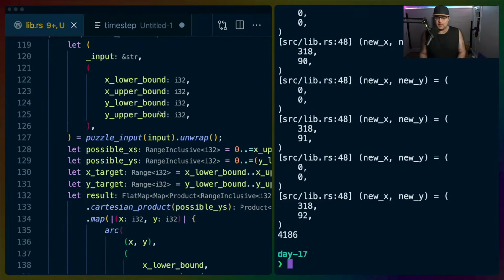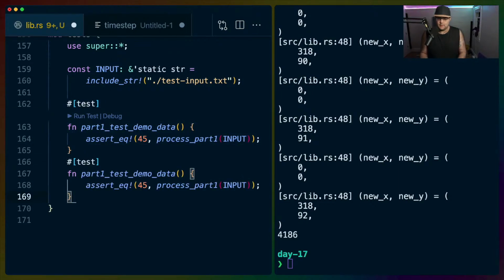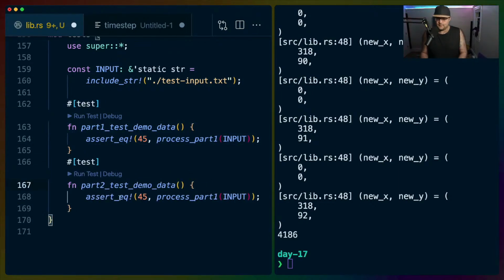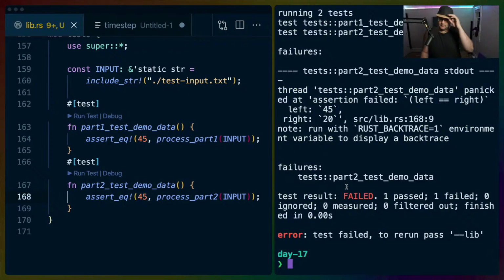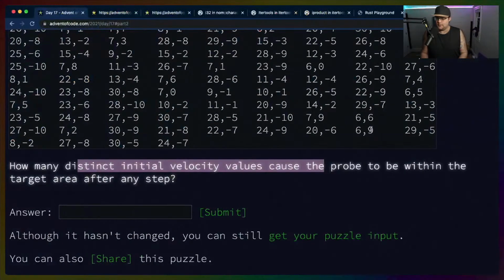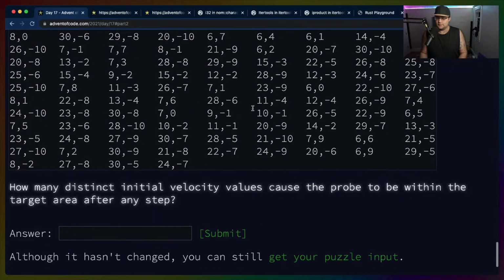And let me set up the test for part 2 just to make sure that we are actually getting a thing that works here. So let's cargo test. And then part 2 panics, we get 20. We need 112 different initial velocity values.